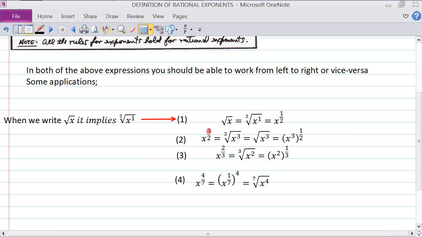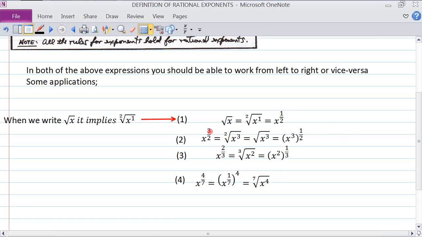If I do the same thing over here, this number 2 is indicative of a square root. We have to put the number 2 here, and this is 3. So I could say 3 divided by 2, which gives me that. Another way, I could just leave out the little 2 because it's implied. When I write the square root of x cubed, there's an implied 2 here.